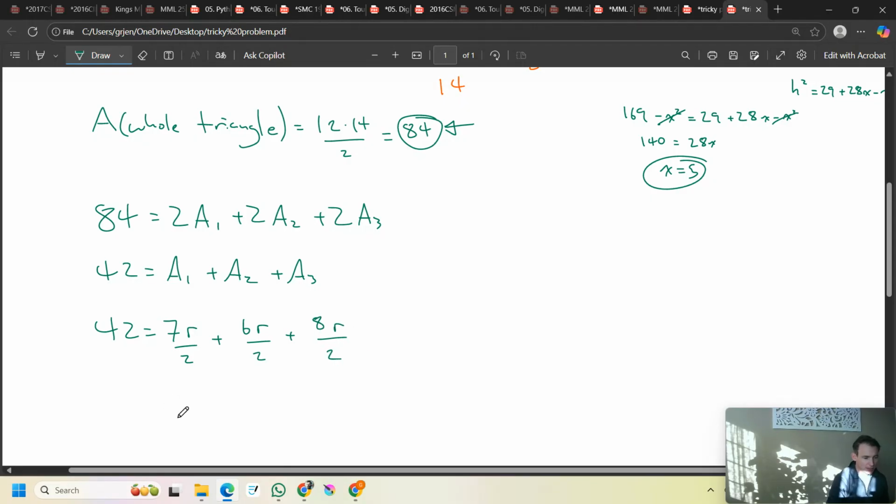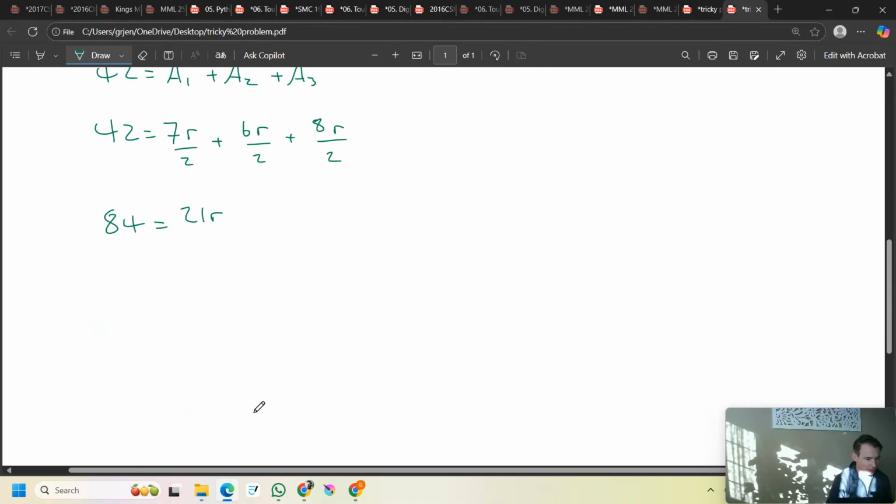Let's multiply both sides by 2 for fun. So 84 is equal to 7 plus 6 plus 8, which happens to be 21r. You divide both sides by 21, and 4 is equal to r.